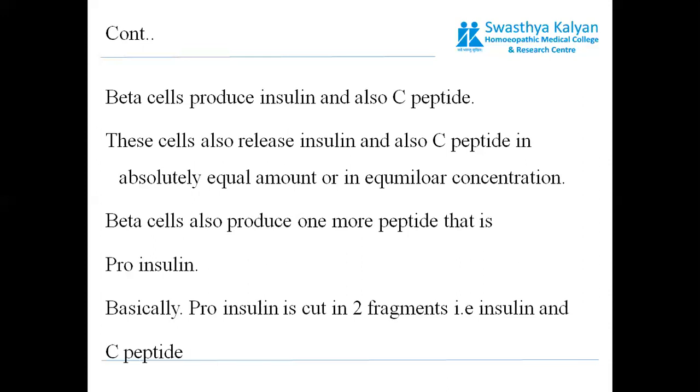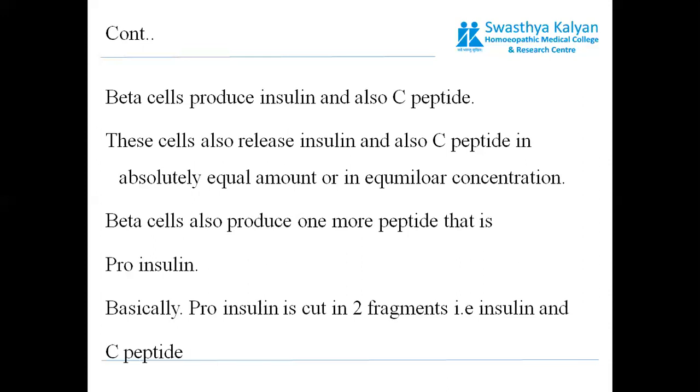Basically, proinsulin is cut into two fragments. One is insulin and the second is C-peptide. Till now it is clear.